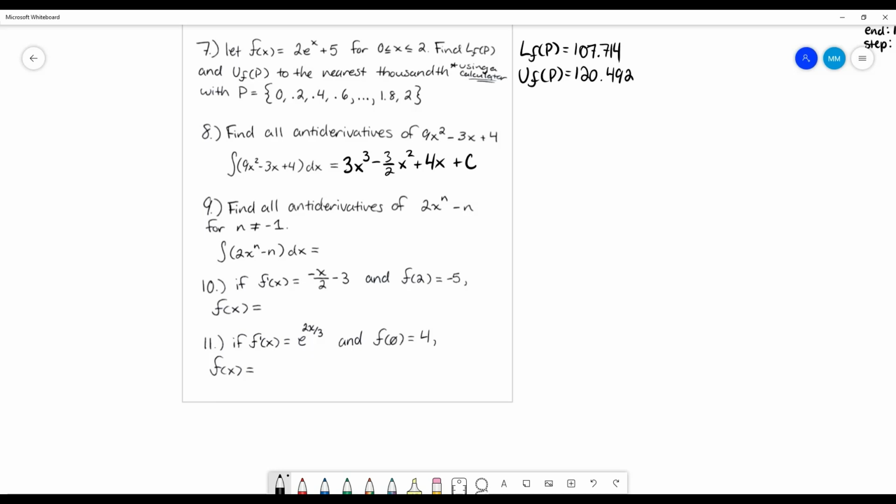So normally, if I've got this, well, undoing that power rule, I'm going to add 1 to that exponent. So it gets to be that, and then we divide by the new exponent, right? Just like we were doing.